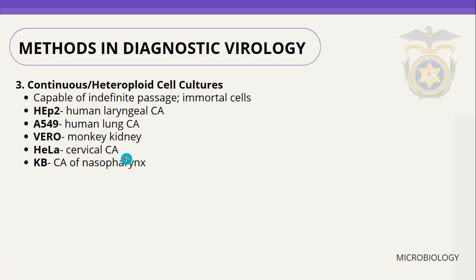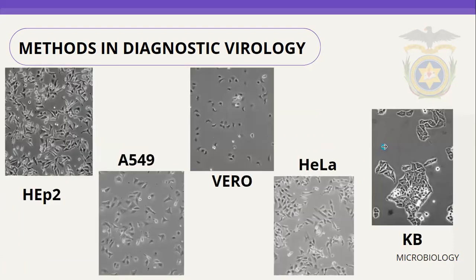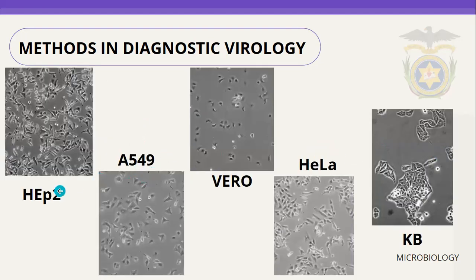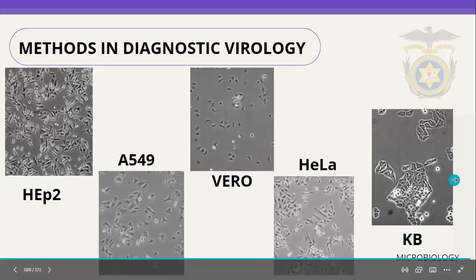HeLa is from cervical carcinoma. And KB is carcinoma of the nasopharynx, rather. So we have here the different cell cultures for the continuous or heteroploid cell cultures: HEp-2, A549, Vero, HeLa, and KB.